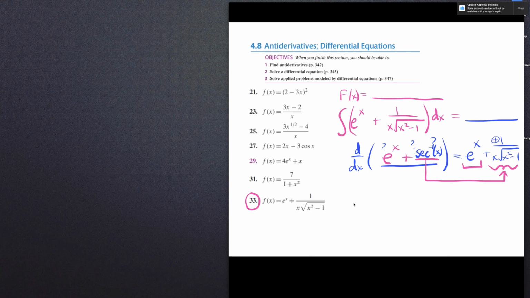So our answer to this problem is e to the x plus the inverse secant of x. That is the antiderivative of the given function. Another way to say it is that if the function f of x is equal to something given, then the capital F, being the antiderivative, is e to the x plus the inverse secant of x.